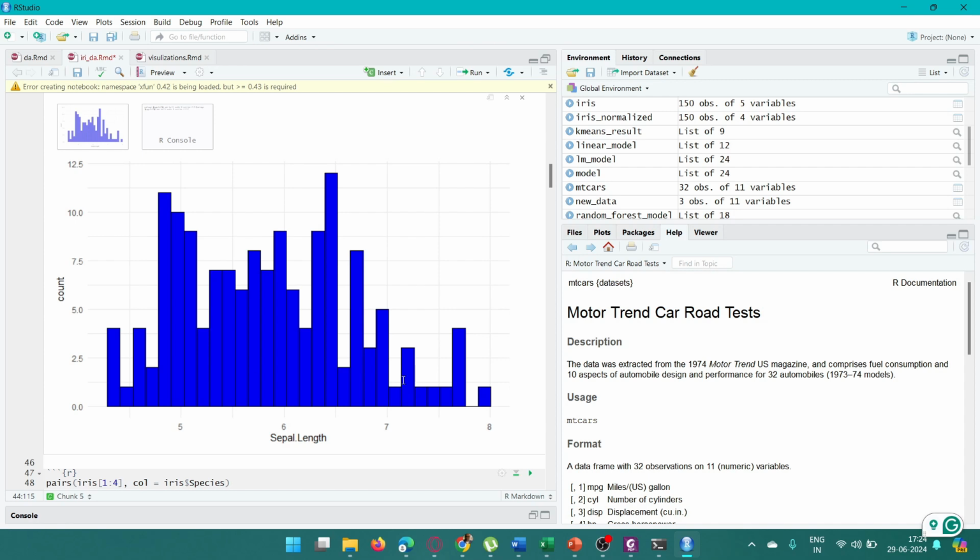Also you can observe the minimal count, where the entire flower set takes around 3 centimeter sepal length with the minimal count, and around 6.5 sepal length with the count value of 12 times.